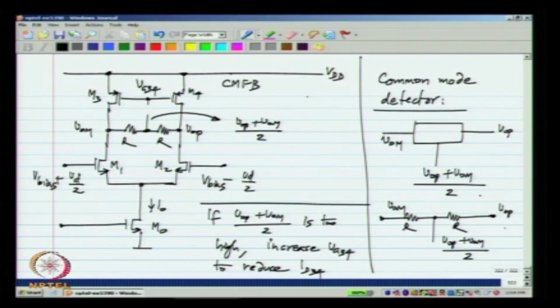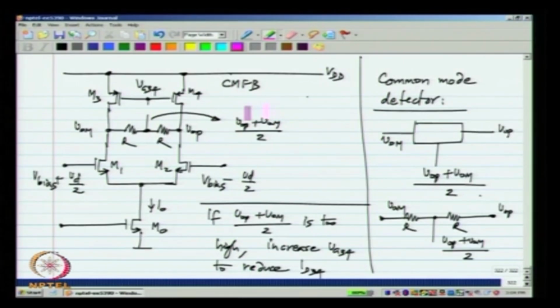And vice versa. Now, there are many ways of completing the loop. We can use an integrator or an op amp between this point and that point, so that we get the feedback action that I just described. But the simplest realization of this is to observe that if VOP plus VOM by 2 is too high, VG34 also must increase, that is, it must go in the same direction as VOP plus VOM by 2.